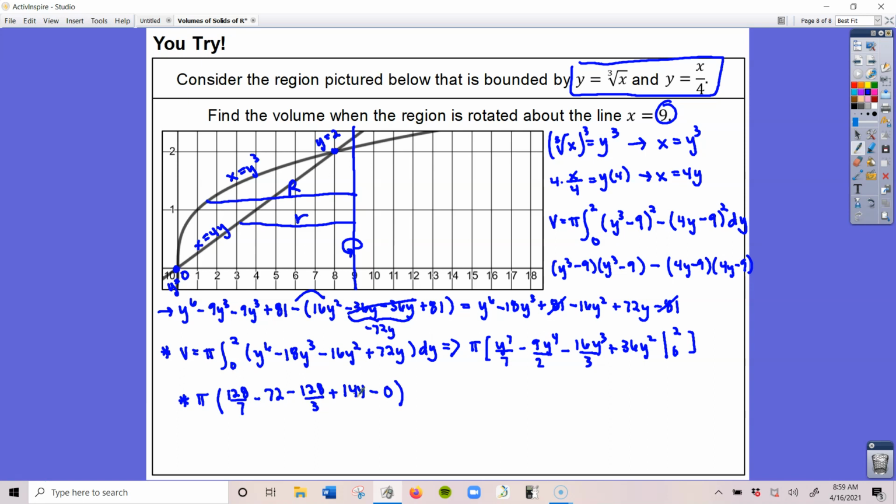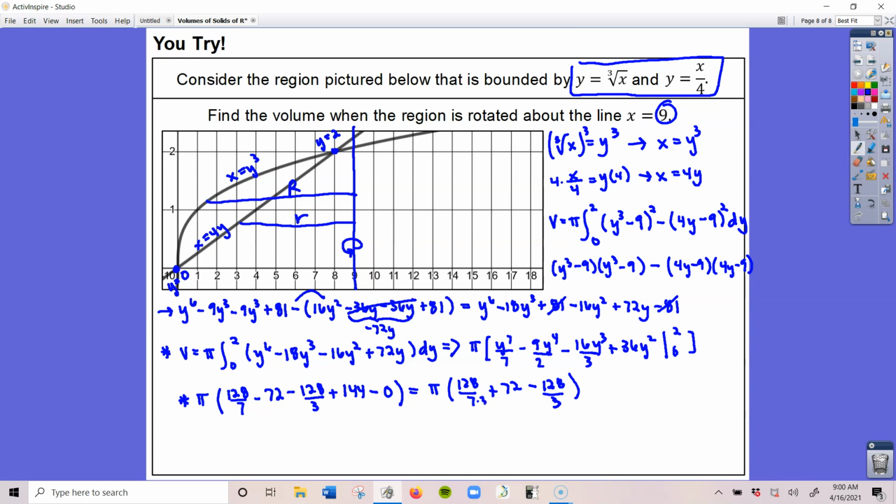So now I just need to combine everything here. I have these two different denominators, so I'll deal with that in a second. We have the pi. We have 128 over 7. I can combine this negative 72 with the positive 144, which is plus 72, and then minus the 128 over 3. So now I need to put this over a common denominator of 21.